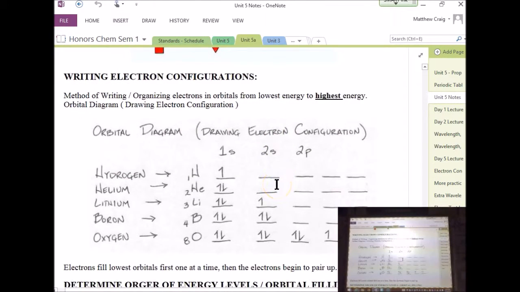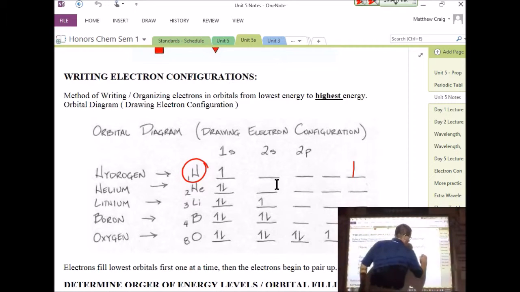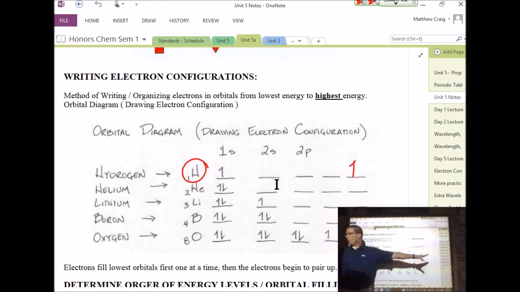Here is an example of what we're going to do today. Now when you look at this, or probably the better way to think about the configurations, when you write the symbol, think of that as the nucleus. So I've got the nucleus, and I'm starting to put electrons closest to the nucleus first. If I were writing the configuration for hydrogen, I would never place the electron as far away as possible. So instead of having that one there, I placed 1 electron out there.